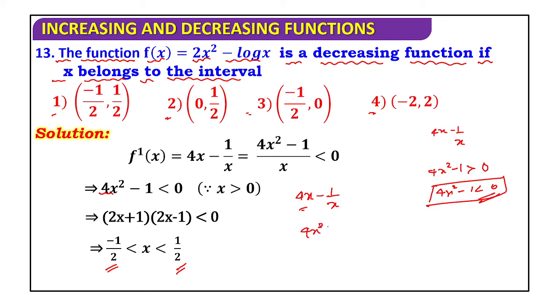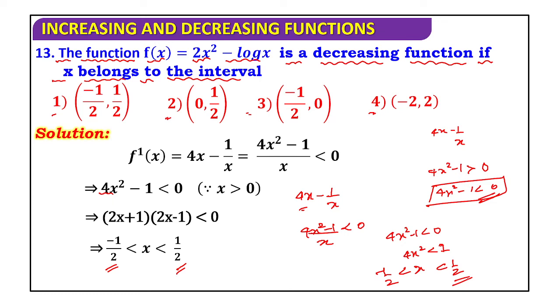So if I simplify, it will be 4x square minus 1 divided by x, which should be less than 0. So 4x square should be less than 1, and x should be greater than minus 1 by 2 and less than plus 1 by 2.